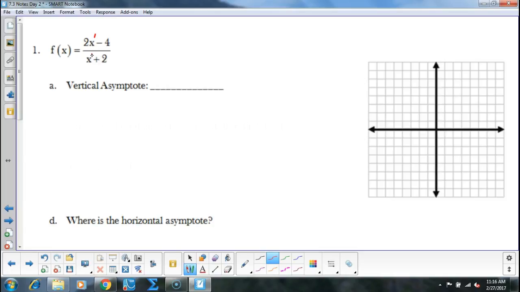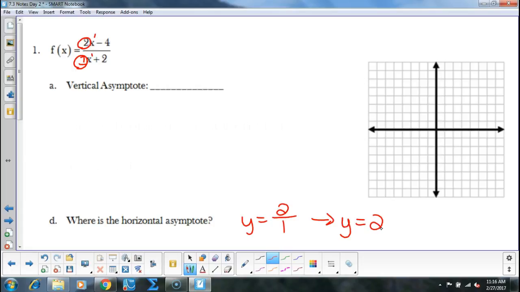Correct? So top equals the bottom. So then I look at the coefficients, which are 2 and 1. So my horizontal asymptote here would be y equals 2 over 1, or simply just y equals 2.